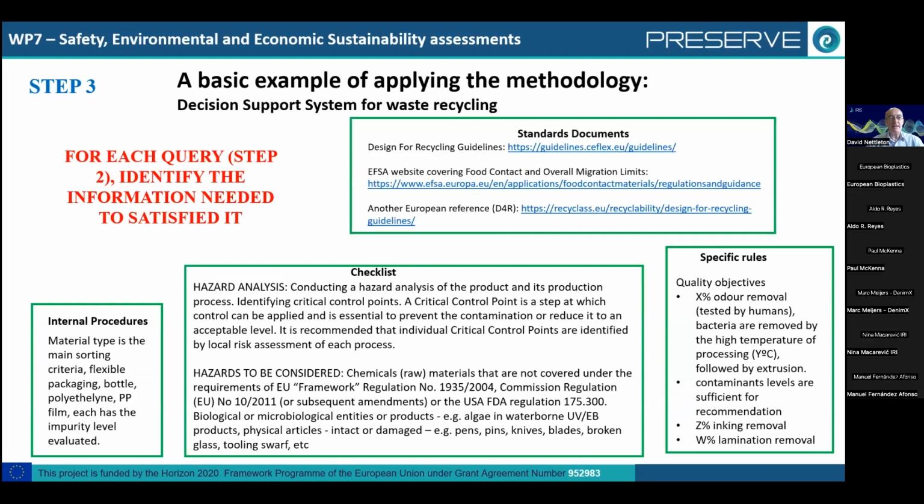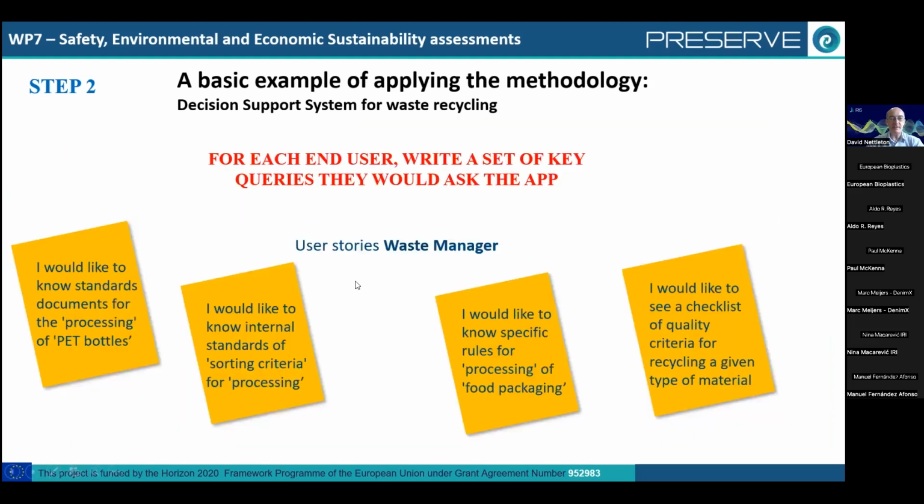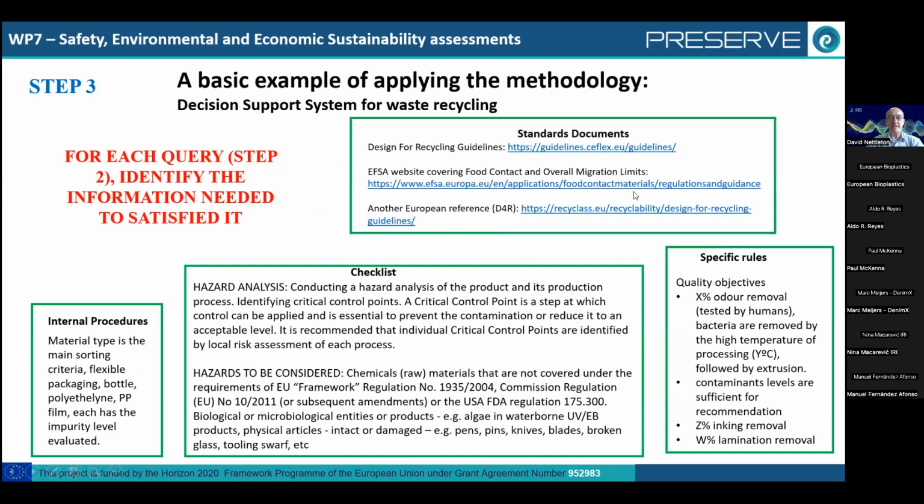Step 3, for each of the user stories, we have to look or think about, maybe you already know, what is the key information which is needed to satisfy it. So if we look at the first user story, standards documents, we would expect that an expert would know which standard documents are relevant for that field. Here we have for waste recycling, guidelines ceflex.eu, the EFSA website covering food contact and overall migration limits, another recyclass.eu.